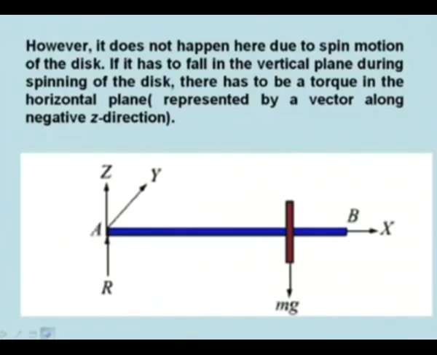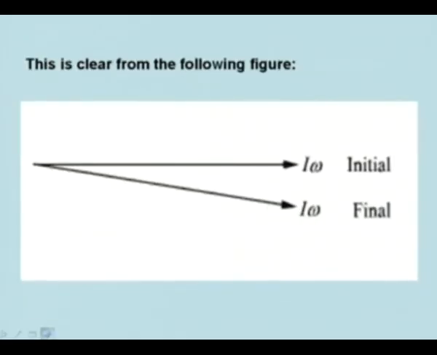If it has to fall in the vertical plane during spinning of the disk, there has to be a torque in the horizontal plane, represented by a vector along the negative z direction. Why?